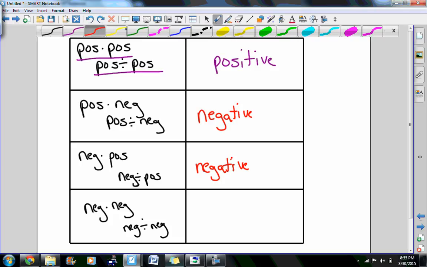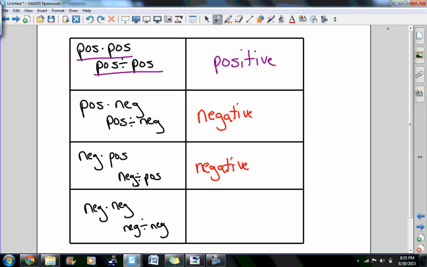And then finally, if we have a negative fighting a negative, 2 Mr. Schmidts fight each other, they smack and they beat each other up, they're going to turn into a weakling or a Mr. Evans. So make sure you have this chart in your notes. This is hopefully review from last year. And if you have any questions, like always, make sure you ask me in class and we can work through some examples together.